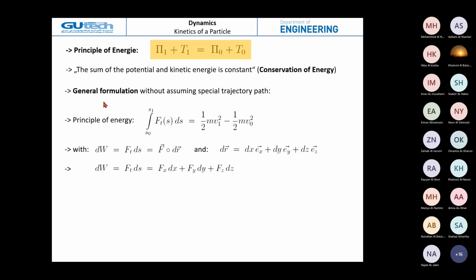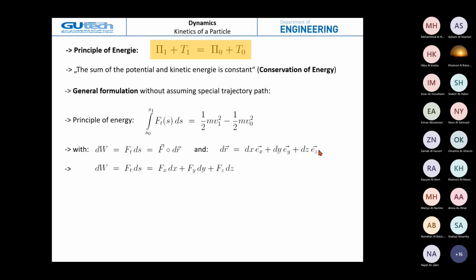Now, general formulation without assuming a special trajectory path. The principle of energy, we have seen it, is the work which is equal to the kinetic energy. The change of the work, dW, is the dot product of F with the position vector r.